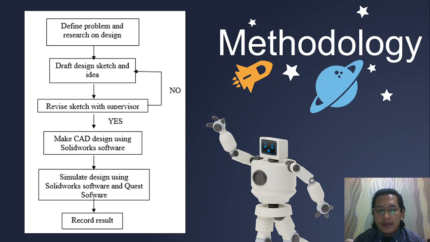If the supervisor approves, then can proceed to the next step, and if he does not approve, need to draft a new design sketch. Okay, if the supervisor approves the sketch, can proceed to make 3D design using the SolidWorks software. Then simulate the design using SolidWorks software and Quest software to see if it works. And then can record the result and compare each simulation.